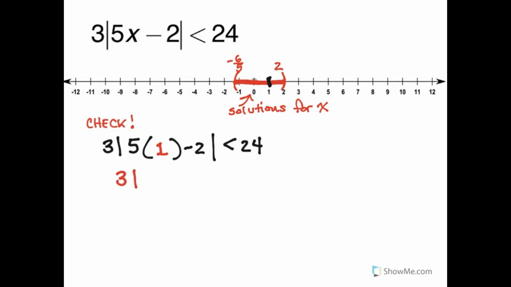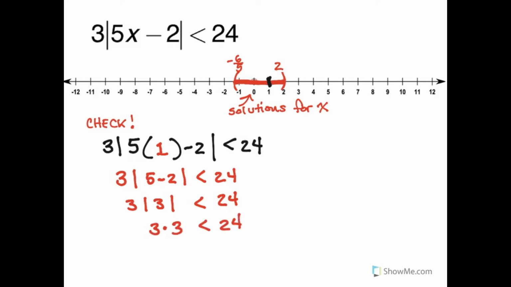Well, that's 3 times the absolute value of 5 minus 2. And that's 3 times the absolute value of 3. And so that's 3 times 3. 9 is less than 24, and so the number 1 that's in the interval checked out.